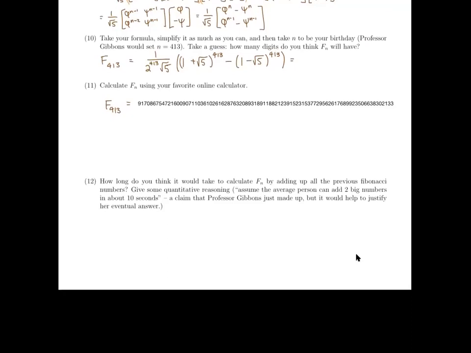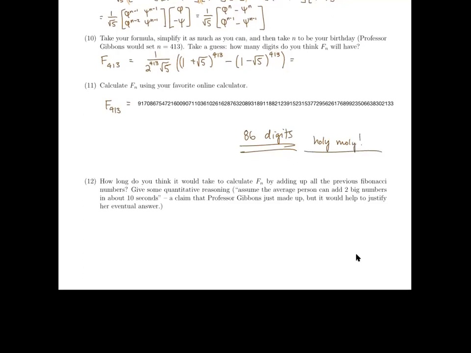I don't think it would take me 10 seconds to add up numbers of that magnitude, but if you want to make assumptions like that, that would be kind of fun. This turns out to have 86 digits, I guess. Holy moly.